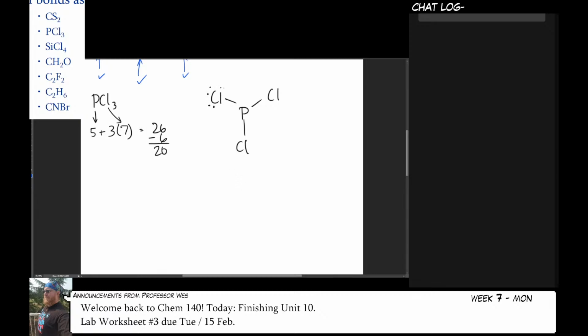So 2, 4, 6, 8, 10, 12, 14, 16, 18. So everything on the outside has an octet. I do have leftover electrons. They go on the central atom. Do I need to make multiple bonds? No, everything has an octet. So I've used all the electrons. Everything has the octet rule satisfied. It should look like this. If you want to tidy up, you can make these straight lines so that they're right angles, but this is good enough for me.